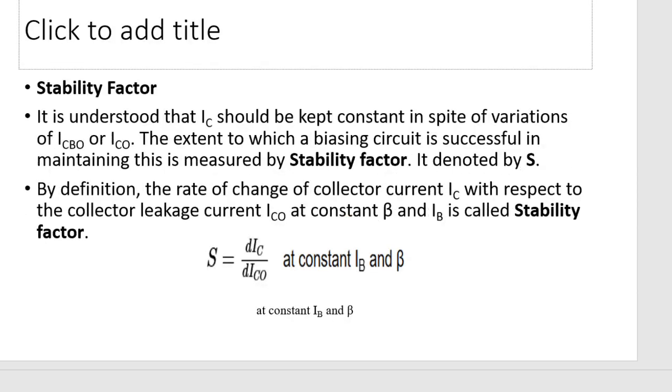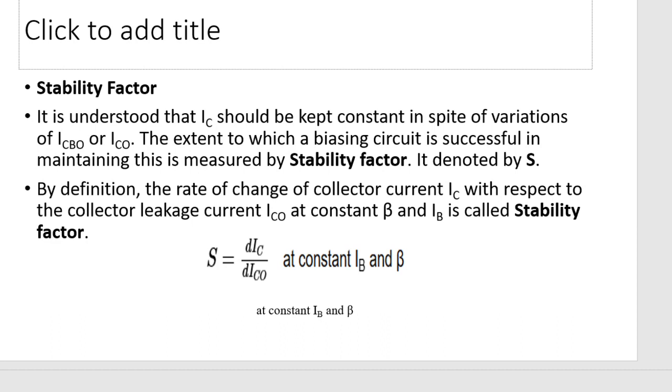So we are designing a biasing circuit so that after fixing the Q point, it is made independent of the temperature variations and independent of the transistor's individual parameter variations. That is what transistor bias stability is. I hope you understood.